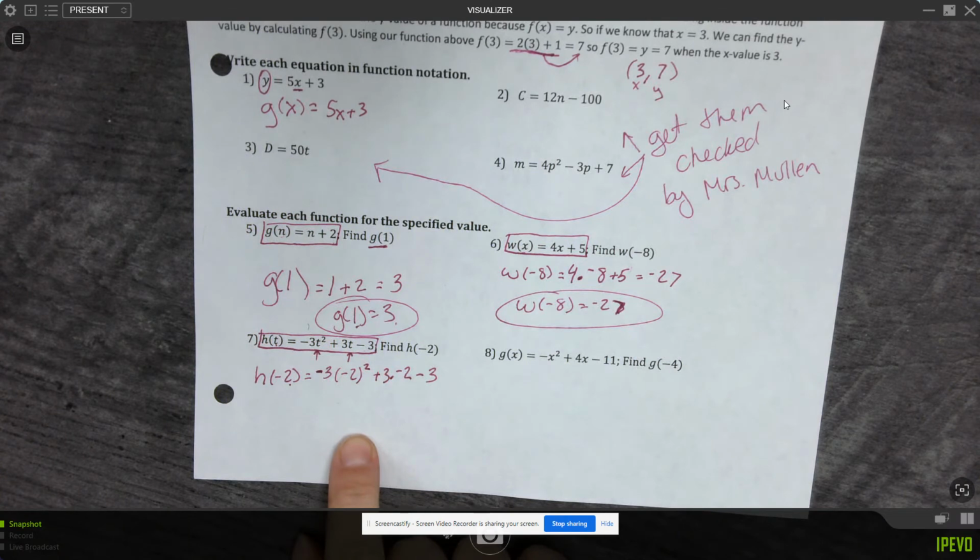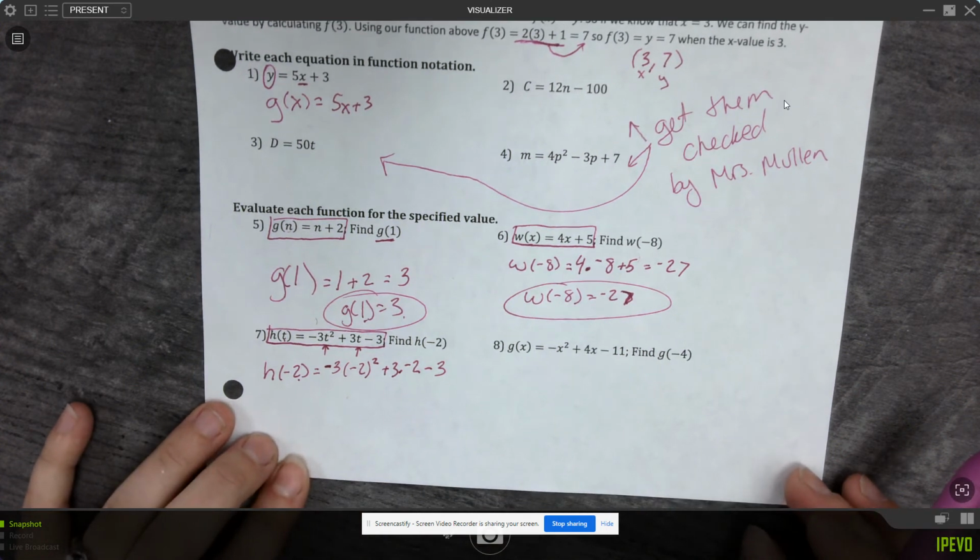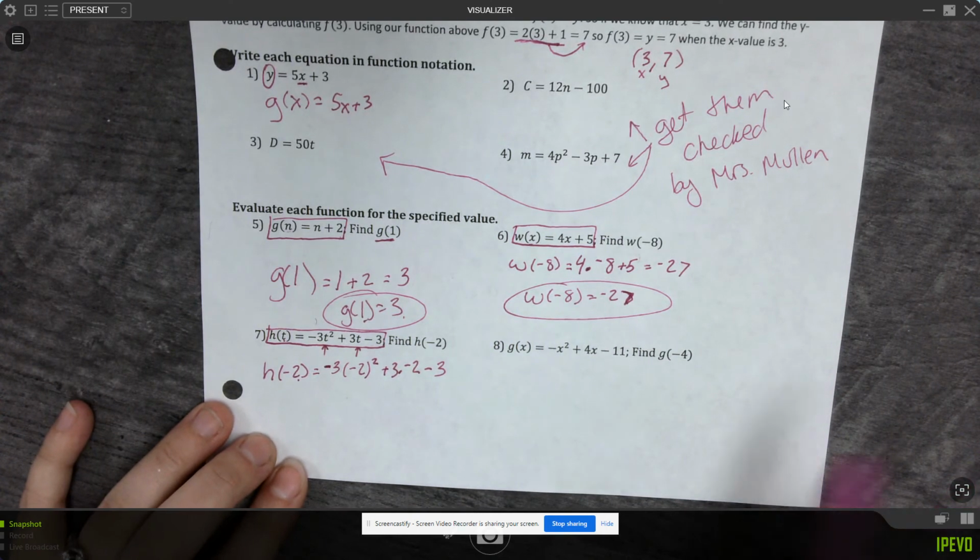If you type that into Desmos, which you should pause and do, because if you don't type it in correctly and get the right answer, you should call Mrs. Mullen over to know what you did wrong. So you're going to type this into Desmos. Pause the video. Go do that. If you still haven't paused the video to go to Desmos, pause the video.